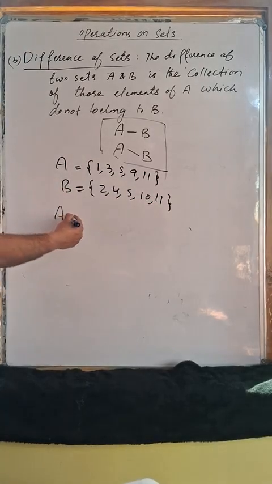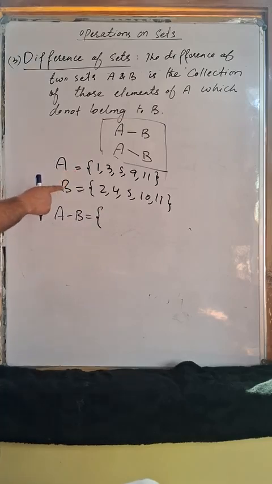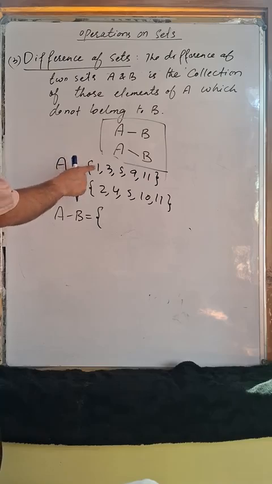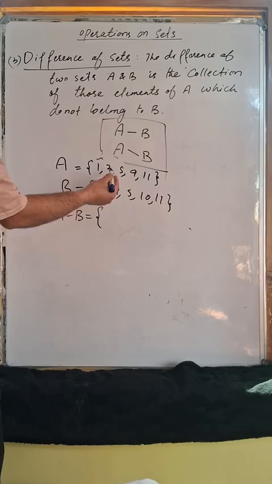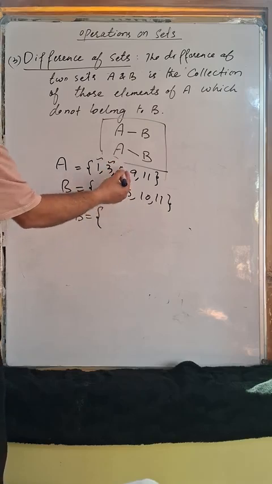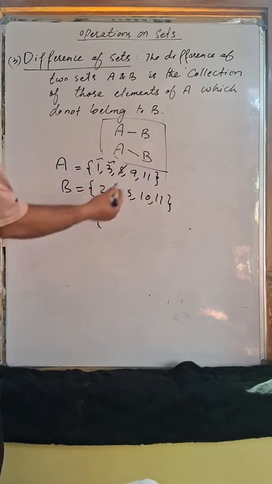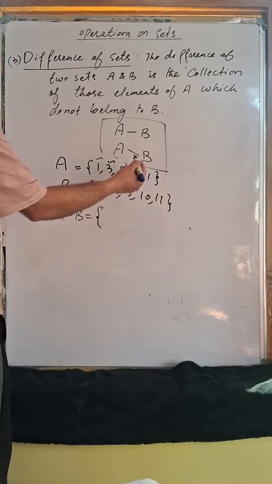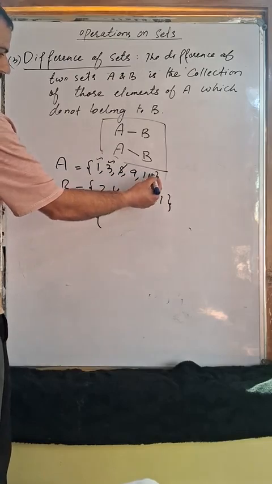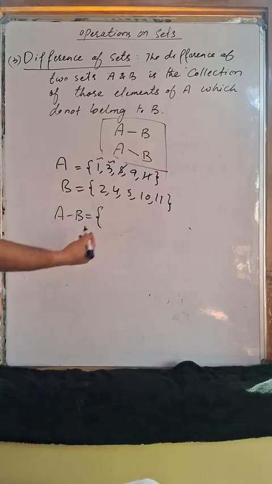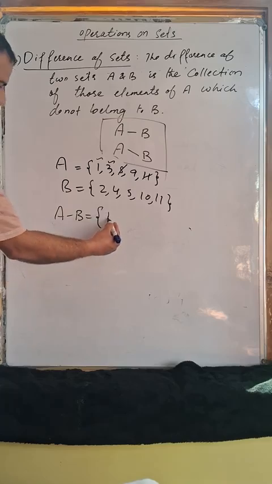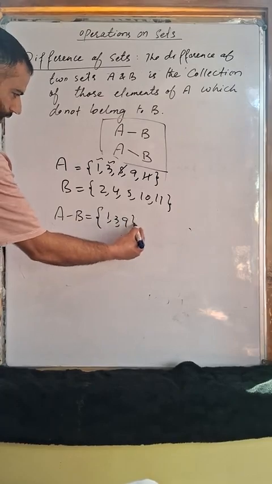Now the difference of the two sets will be those elements of A which do not belong to B. See the elements of A which do not belong to B. 1, it does not belong to B. 3, it does not belong to B. 5 belongs to B. 9 does not belong to B. 11 belongs to B. So we have to take only those elements that belong to A, not B. So the difference of the two sets A minus B will be {1, 3, 9}.